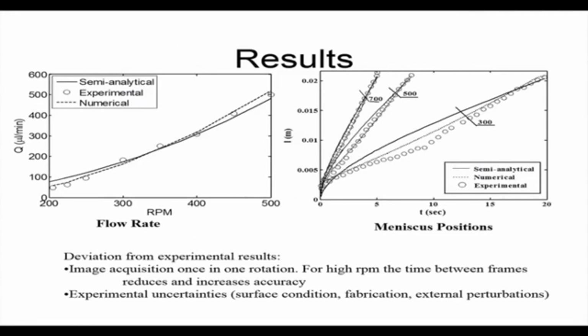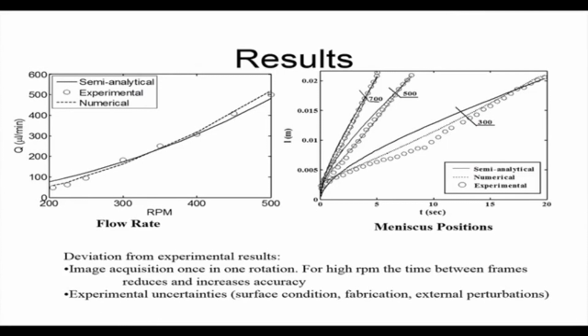So some results: you can see the semi analytical, experimental and numerical. Semi analytical is the reduced order model, experimental is of course what you observe from experiment, and numerical is the CFD volume of fluid that we used.